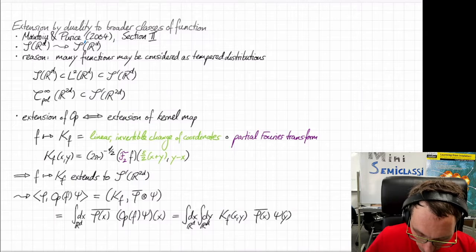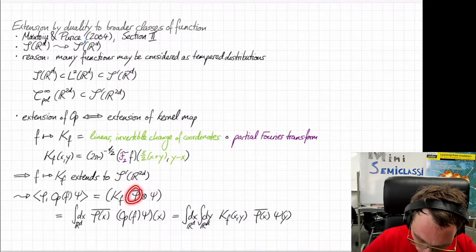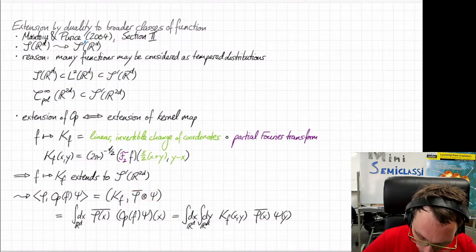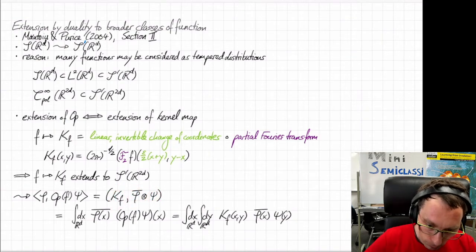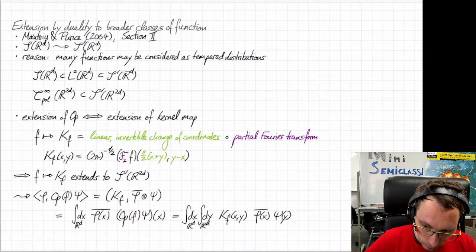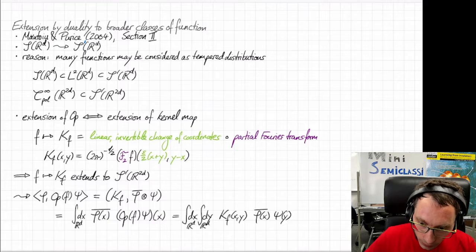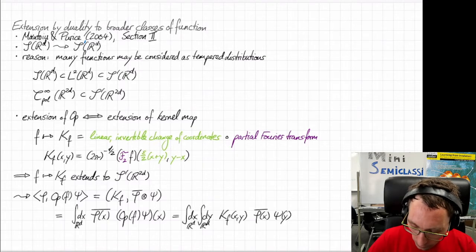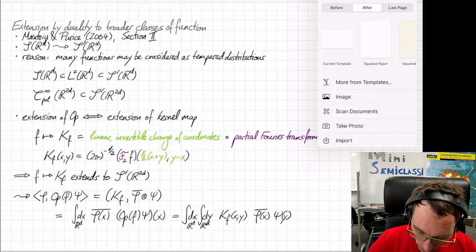So if phi and psi are Schwartz functions, then this expression here makes perfect sense. Makes complete sense. And it is in this sense that you can extend Weyl quantization.